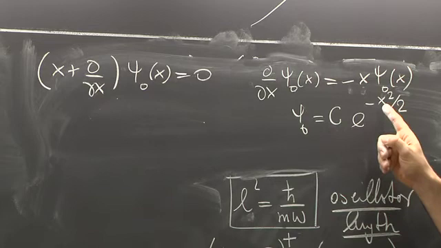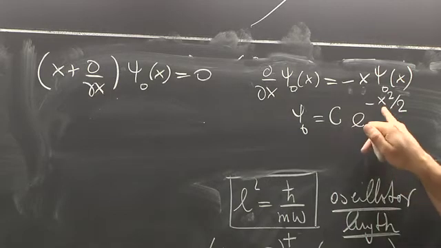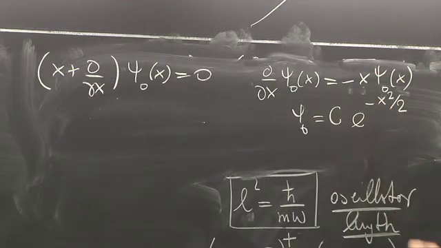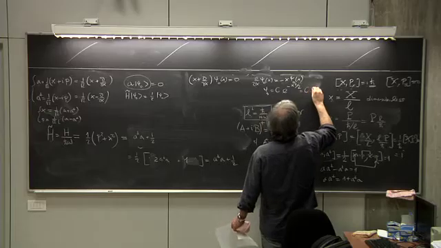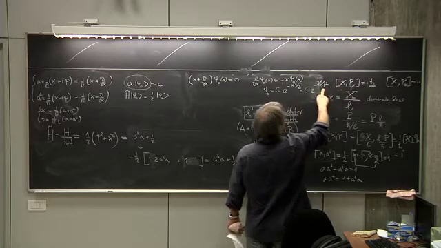You might ask me, how do I calculate the wave function, for instance, 3 angstrom away from the minimum of the potential? Well, this is x, okay? Little x is equal to big X over L. So this is also equal to e to the minus big X squared over twice L squared, okay?